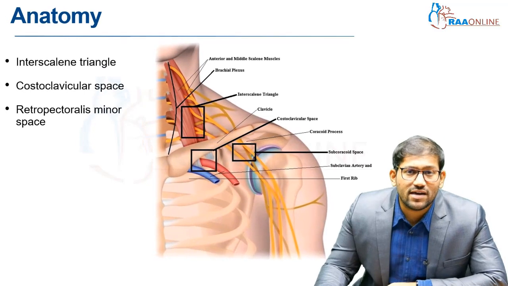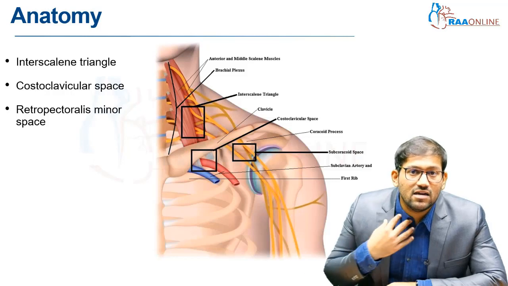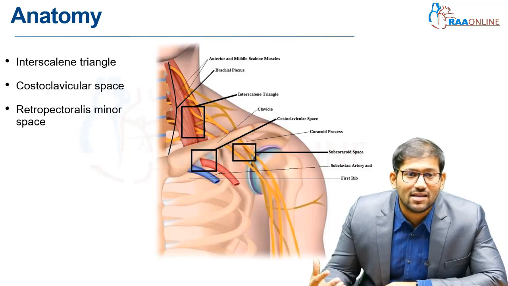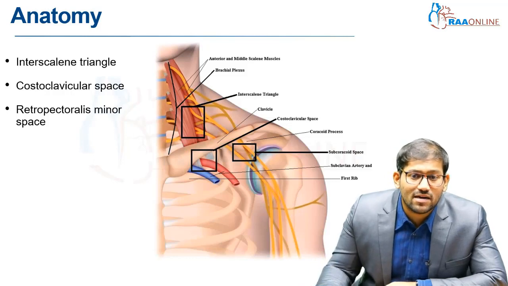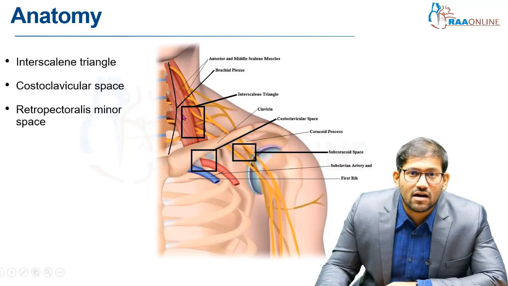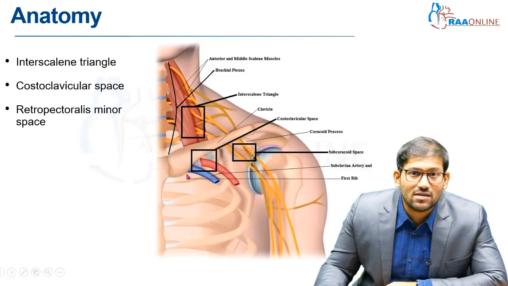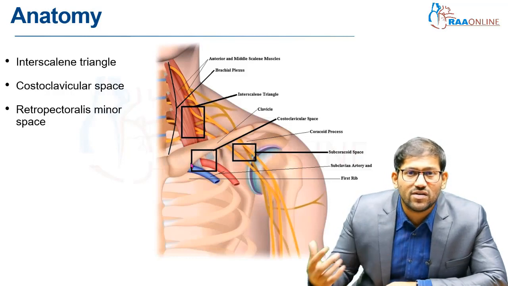In order to define it, we need to know three different regions at the neck region along with the thorax. In simple terms, the thoracic outlet is nothing but the space between the clavicle, the collarbone, and the first rib.